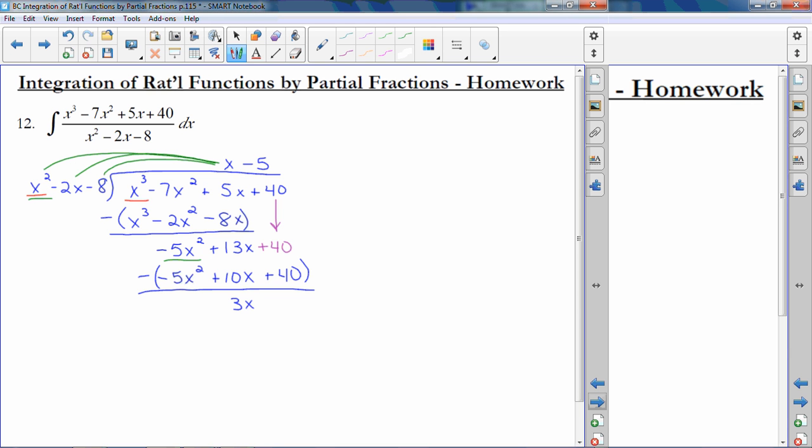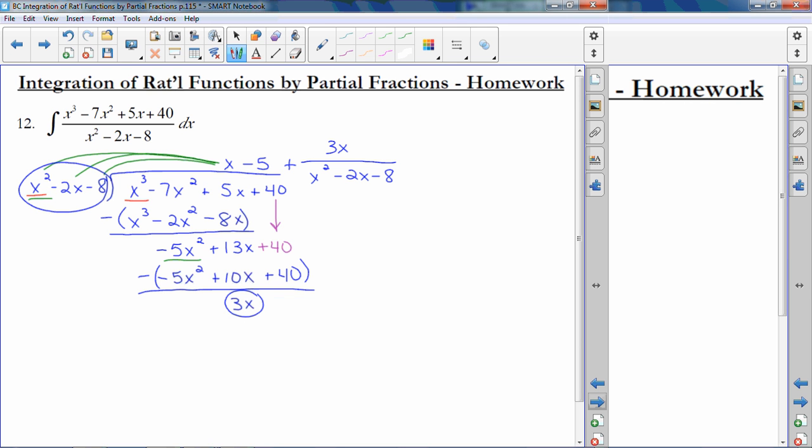Okay, what's left down here is part of my remainder. So I'm going to put a plus right here. And the remainder is 3x over whatever you're dividing by. So it's x squared minus 2x minus 8. And that is now what we're going to integrate.